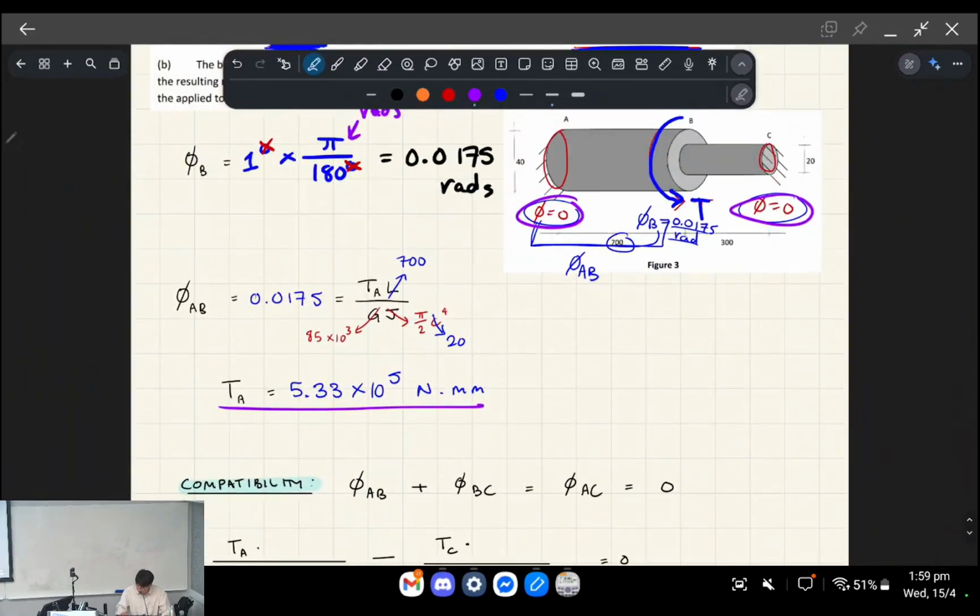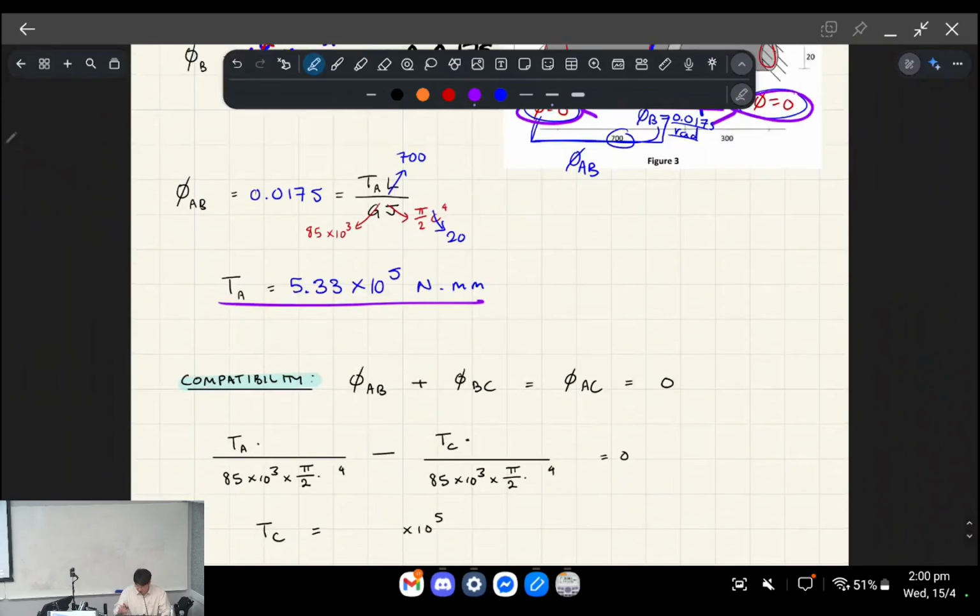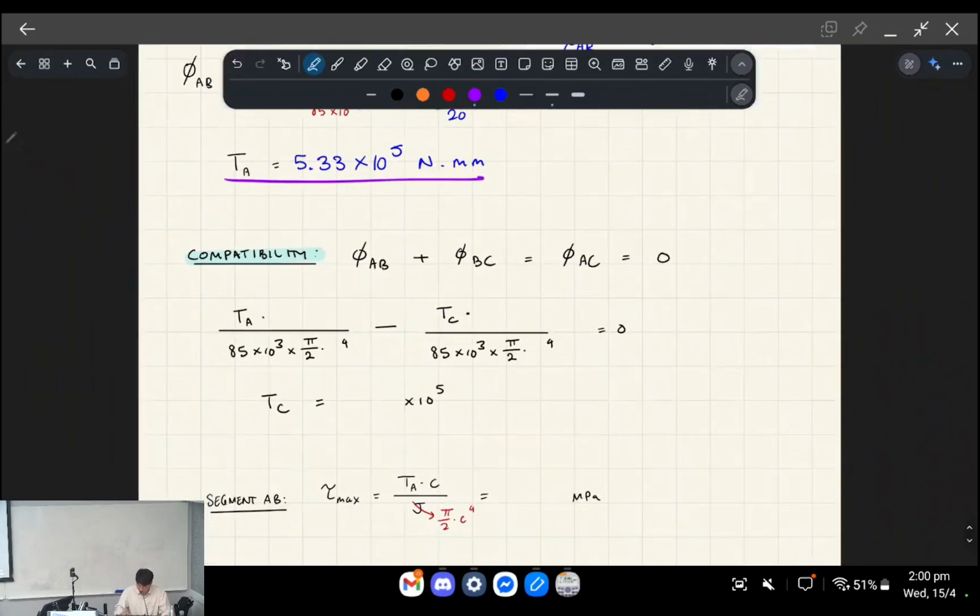And so the twist from A to C has to be the twist from A to B plus the twist from B to C. And the whole thing has to have a net change of 0, because we know it goes from fixed end to fixed end, right? So the net twist is 0.